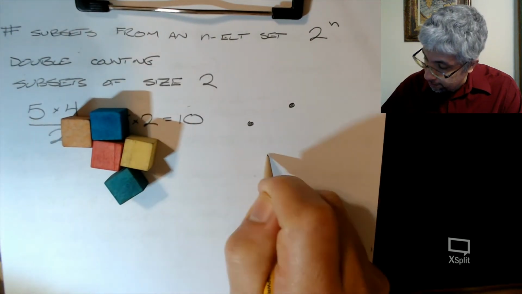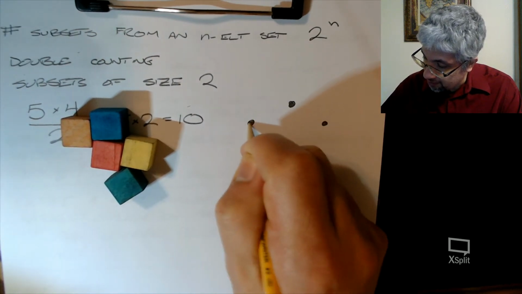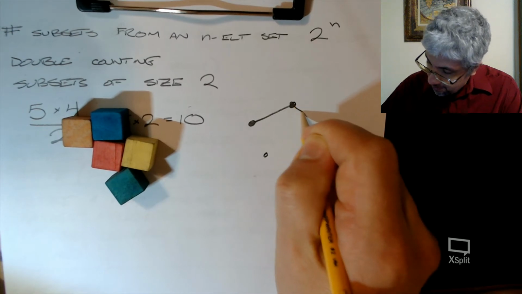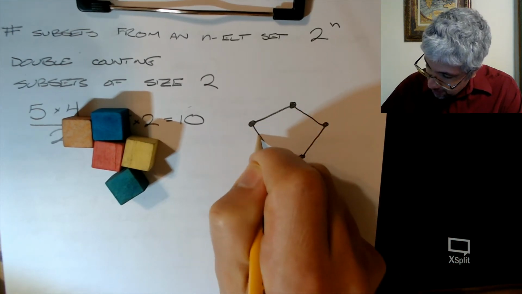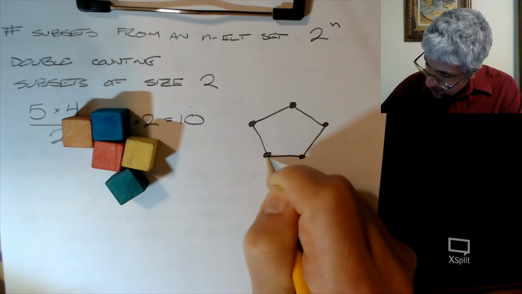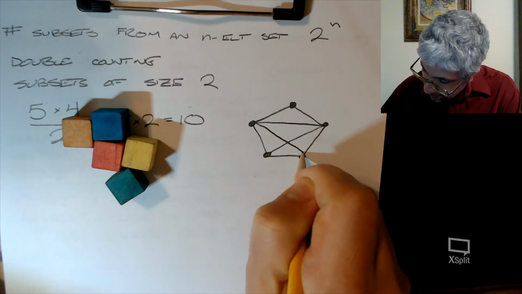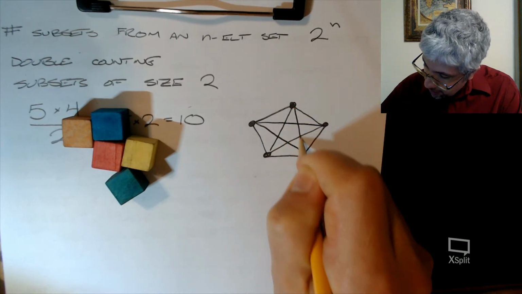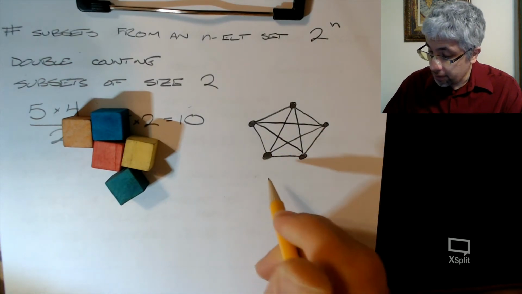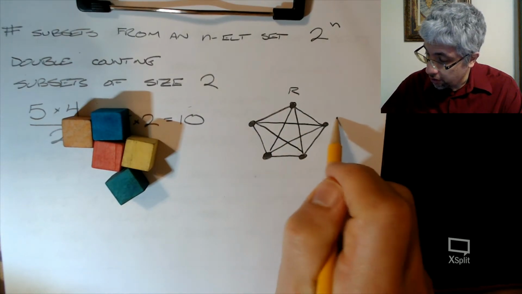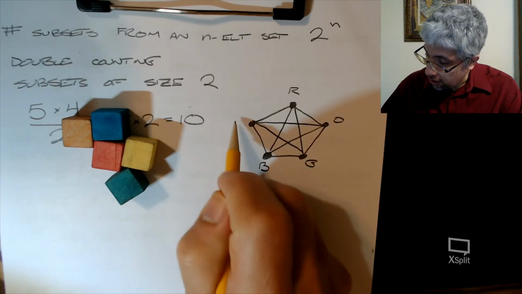Okay. Another way to think about this is, in this case, it's kind of nice to draw a little picture. Because we're talking about subsets of size 2, whenever you have subsets of size 2, you can draw a complete graph connecting everything. So here, the vertices, or points, represent the colors: red, orange, green, blue, oh, I forgot yellow.